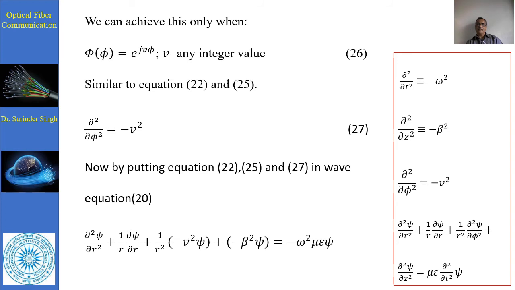On the other side there is mu and epsilon, and d square upon dt square is minus omega square. So all these three values are applied in this expression, and we obtain the expression for further steps.